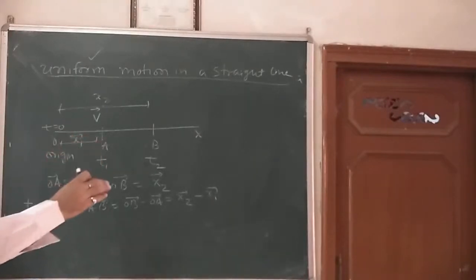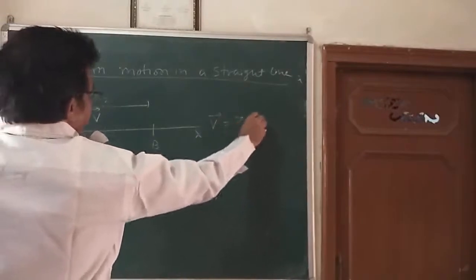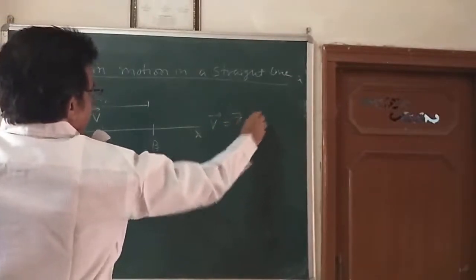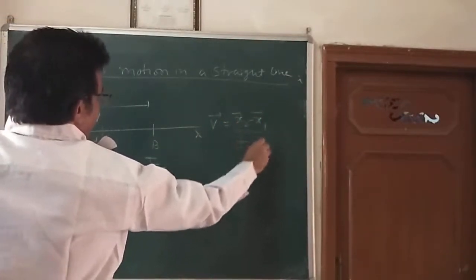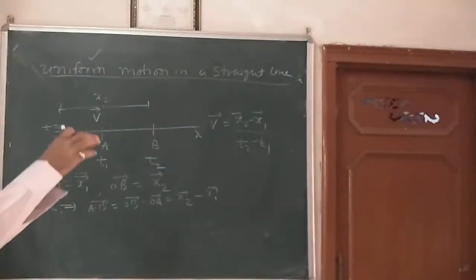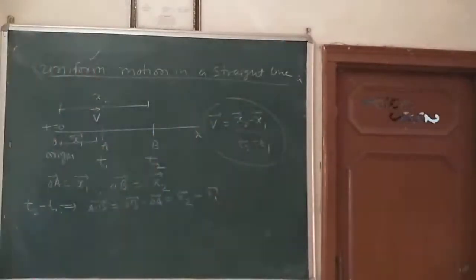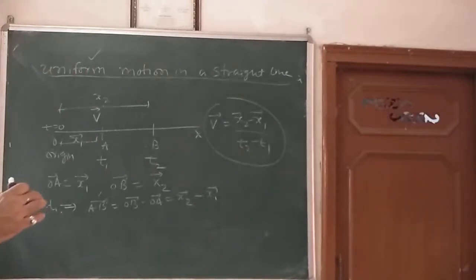So velocity is equal to the displacement, that is x2 minus x1, upon the time interval, that is t2 minus t1. So this is the result. Is that clear? We have explained it very simply.